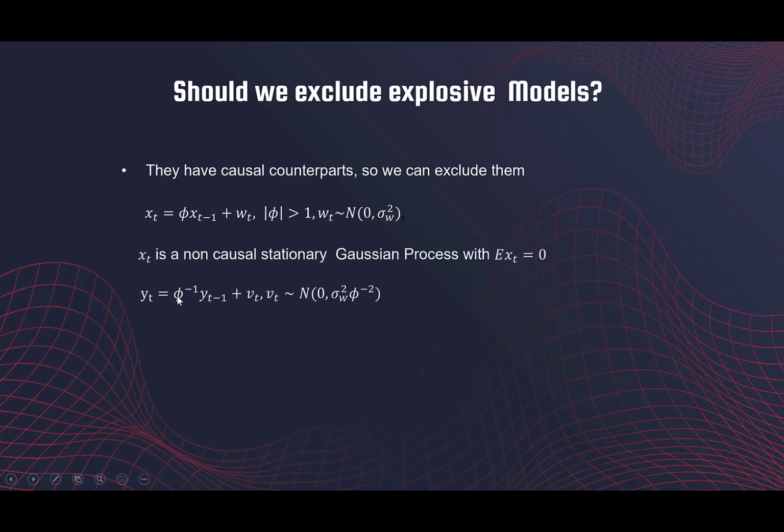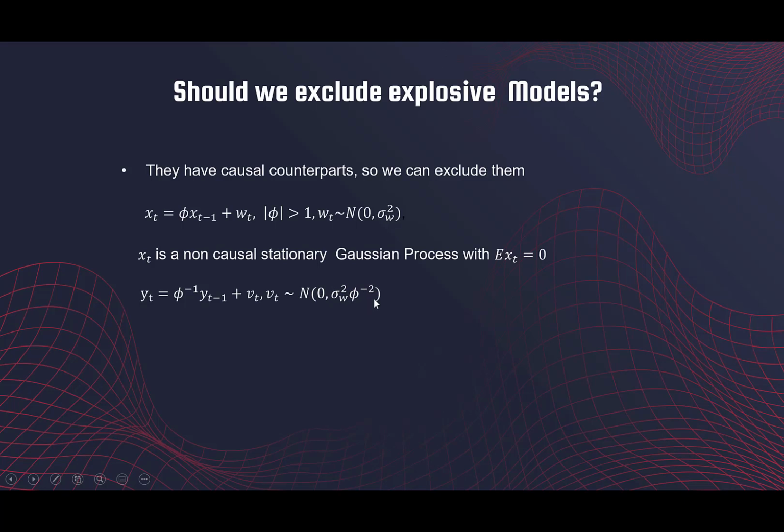And consider another model, yt. I'm saying yt is phi inverse yt minus 1 plus vt. Now in this case, the coefficient beside yt minus 1 is less than 1, because phi is greater than 1, so this inverse is less than 1. And vt, in this case, is still white noise, more specifically a normally distributed variable.